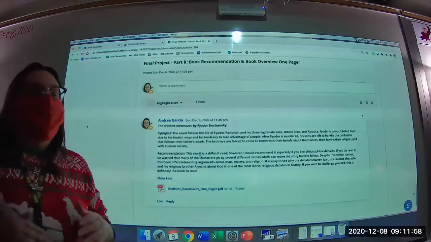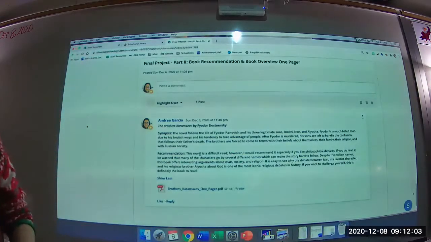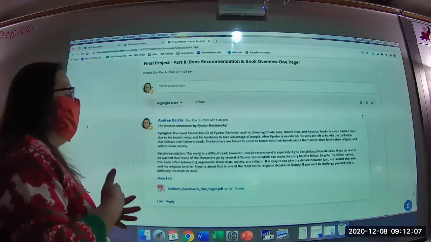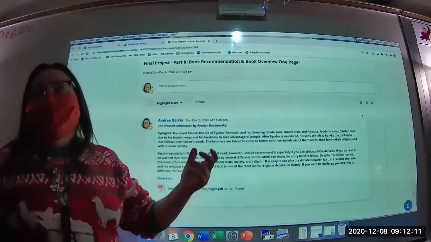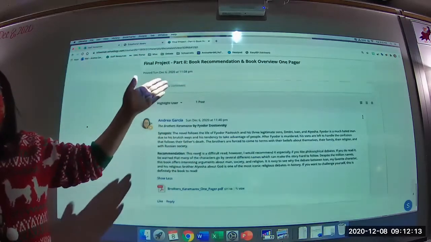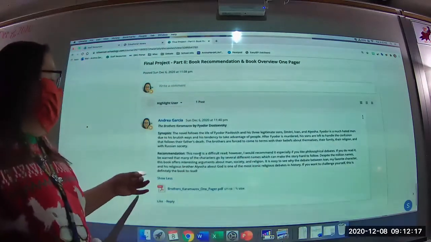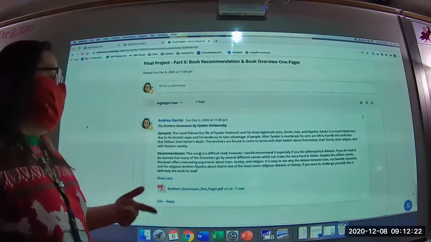So, recommendation: this novel is difficult to read. Dostoevsky in general is hard to read. However, I recommend it, especially if you like philosophical debates. If you do read it, be warned there are many characters that go by several different names, which can make the story hard to follow. As you saw on the names page, Ivan had like 5 different things that he went by, right? Despite the million names, this book offers interesting arguments about man, society, and religion.